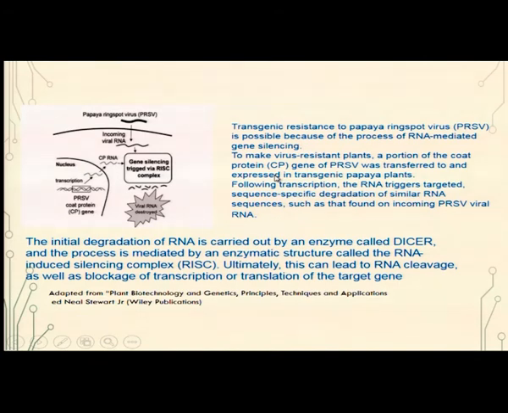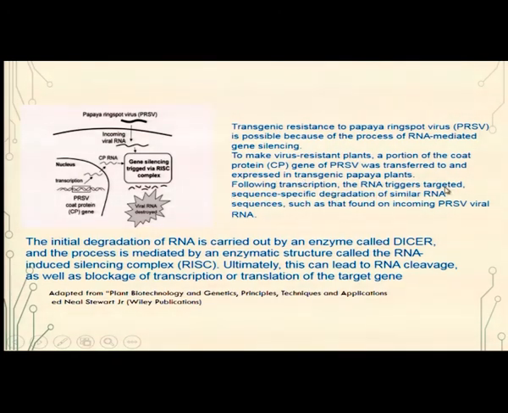This process of getting resistance to the virus works by a strategy called RNA-mediated gene silencing. The first step is to make the virus-resistant plants: a portion of the coat protein gene of the PRSV was transformed into the transgenic plant, and it was also expressed in the papaya fruits.